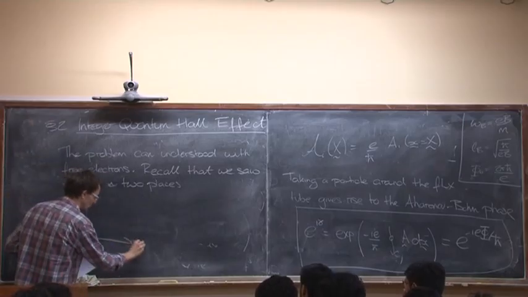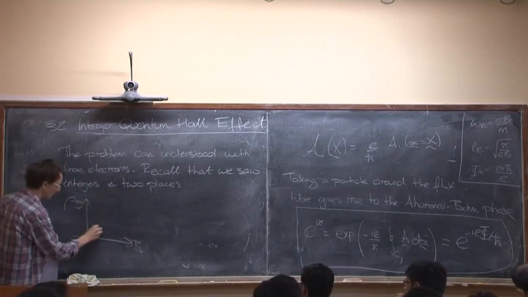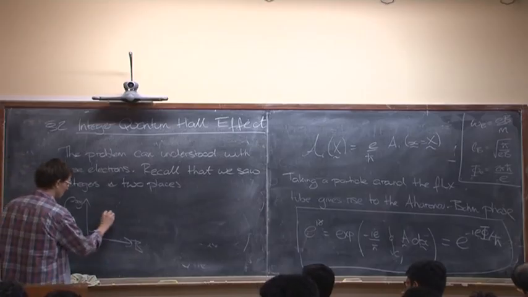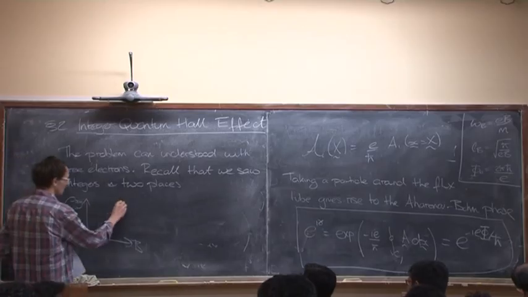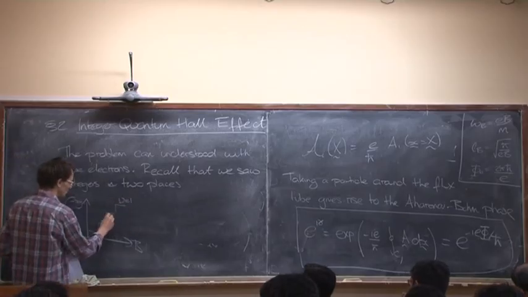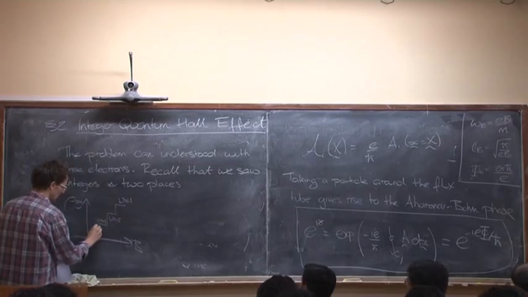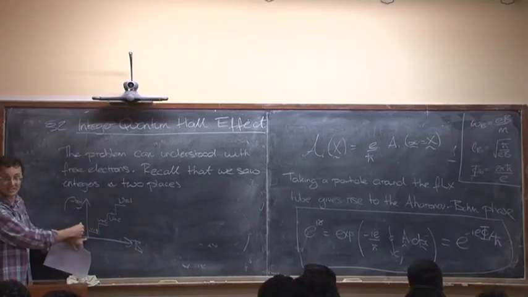One of them was the experimental fact that you look at the Hall resistivity versus the magnetic field. This was the classical expectation, and what was seen was a sequence of steps, and these steps were labeled by integers. nu equals 1, nu equals 2, I think they go all the way to about nu equals 10.